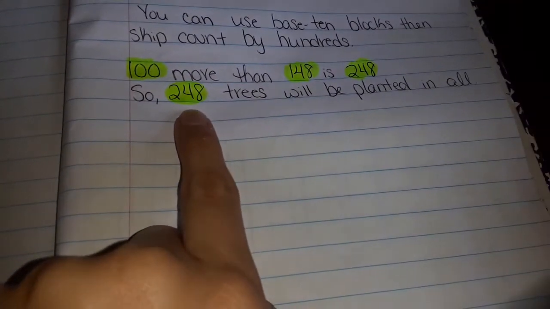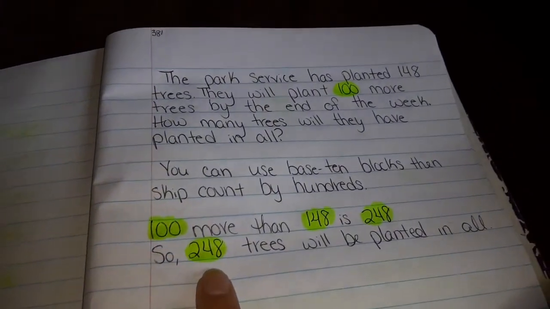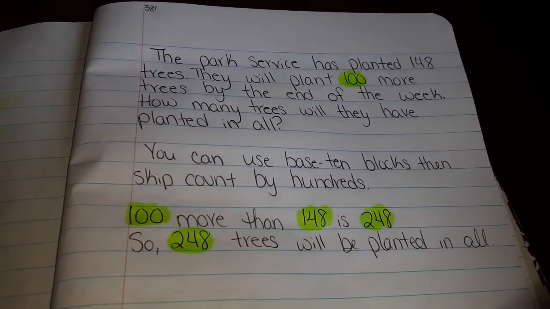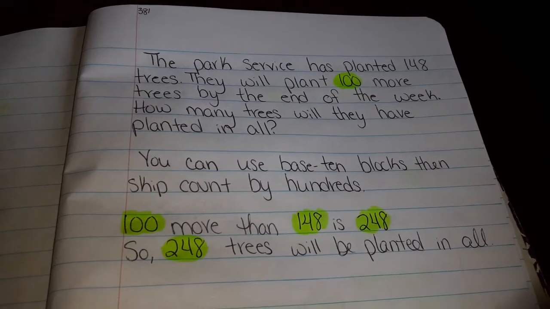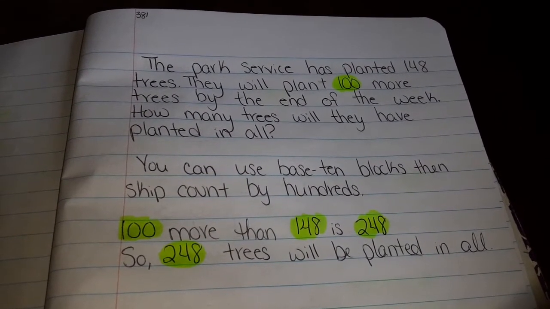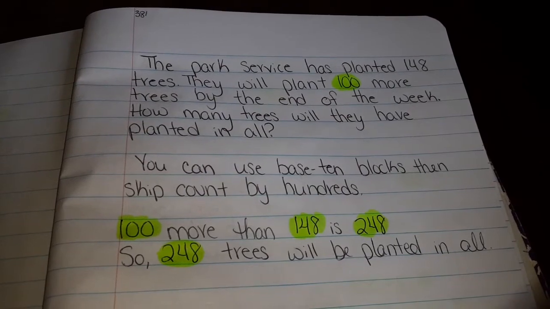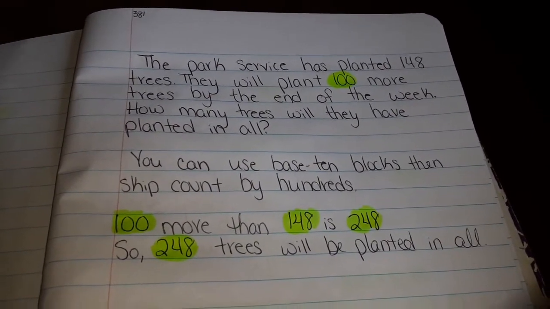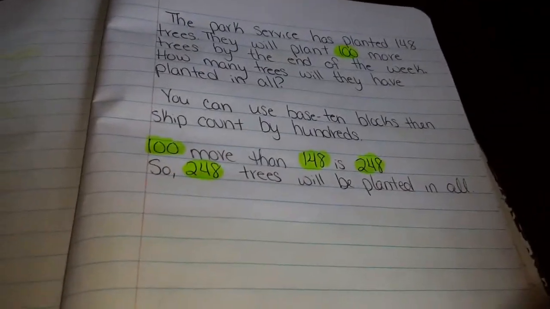So 248 trees will be planted in all. You can also take 148 and add 100 to it in order to get 248.